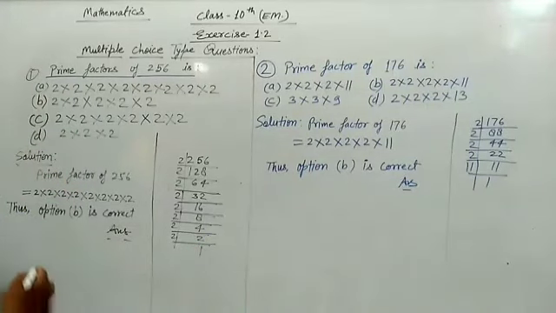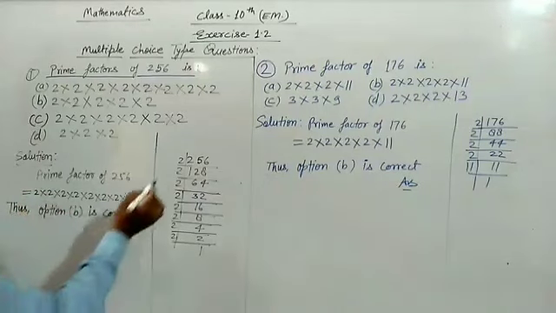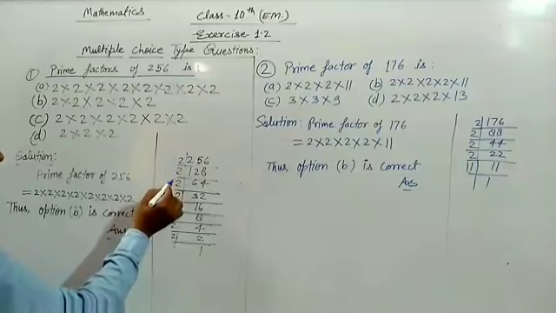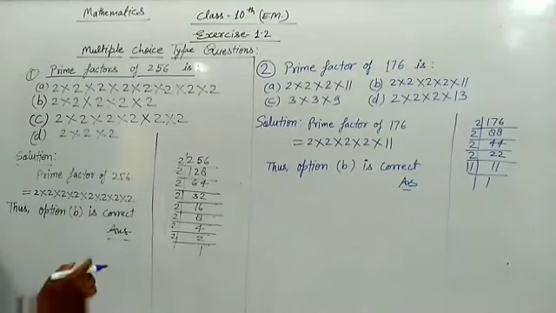Now we can write the prime factors of 256 as 1, 2, 3, 4, 5, 6, 7, 8, means 8 times 2.